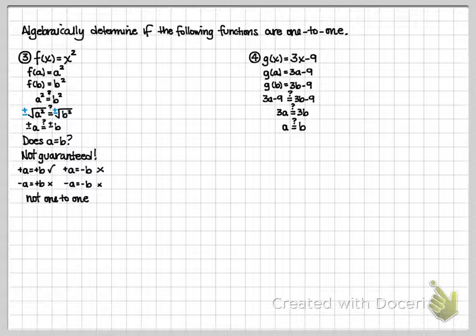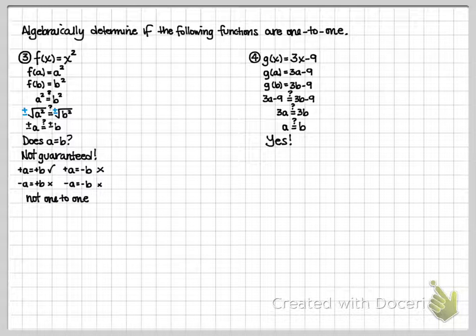Notice, because all I did was divide and do some addition and subtraction, I didn't have to put in any type of square root or a square or plus or minus or anything else like that. So is it guaranteed that a is equal to b? Yes, absolutely. Because there were no random little plus or minuses, there was nothing that we couldn't eliminate to just get the a and the b by itself.